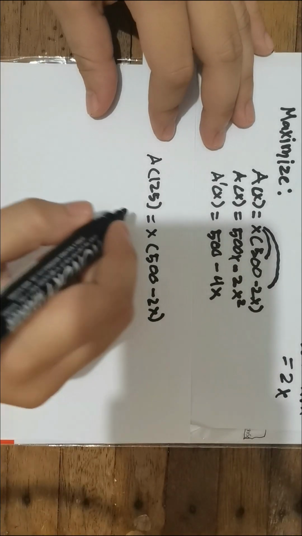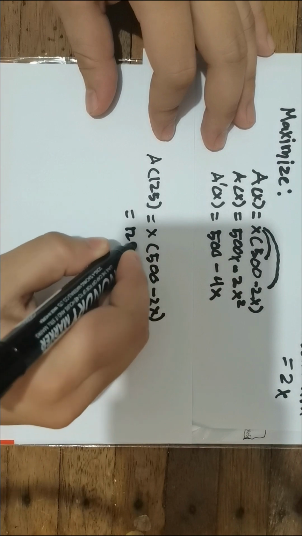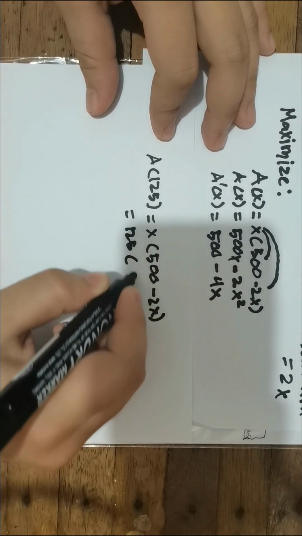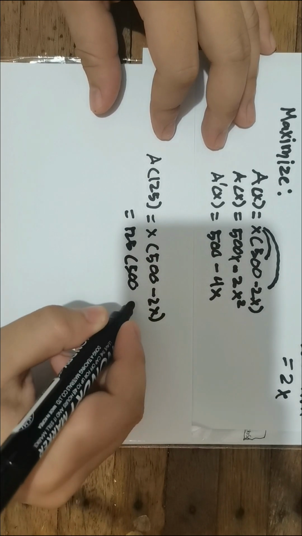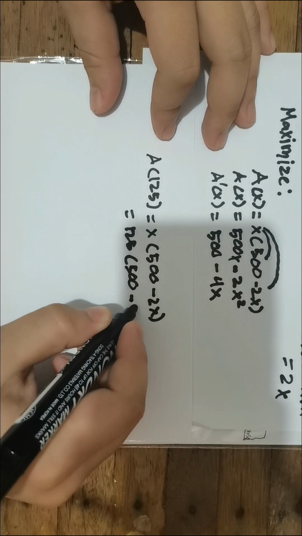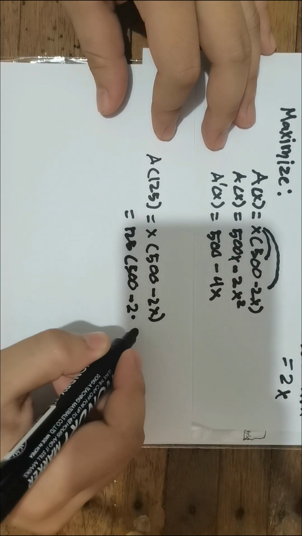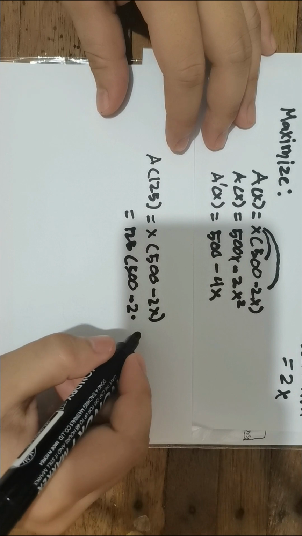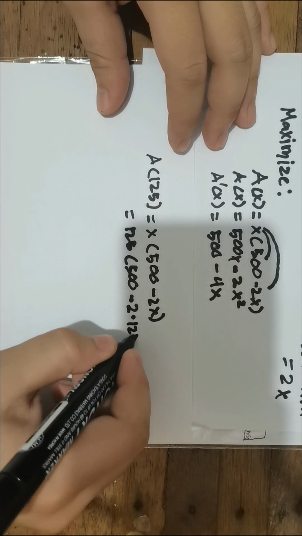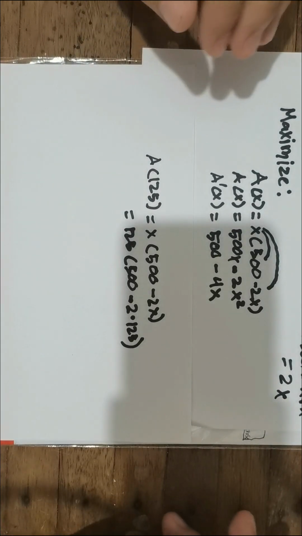So it equals 125 times 500 minus 2 times 125.